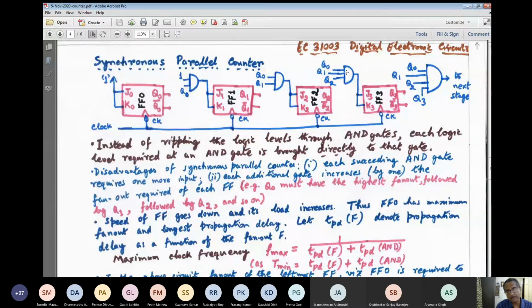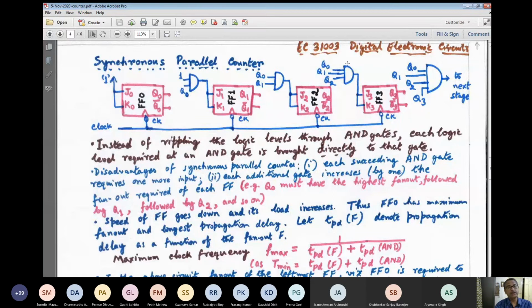You see, fan-in also increases the propagation delay. That means you are asked to operate with a multiple emitter transistor BJT at the input end. So having a fan-in of 2 means 2 emitters. Having a fan-in of 4 means 4 emitters. So that will increase the total input capacitance of the AND gate, and thereby raises the propagation delay.